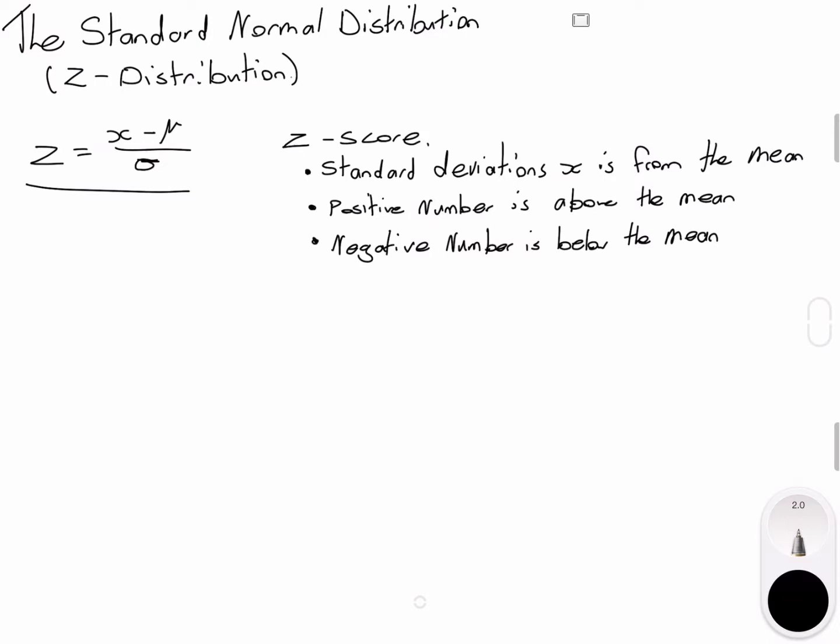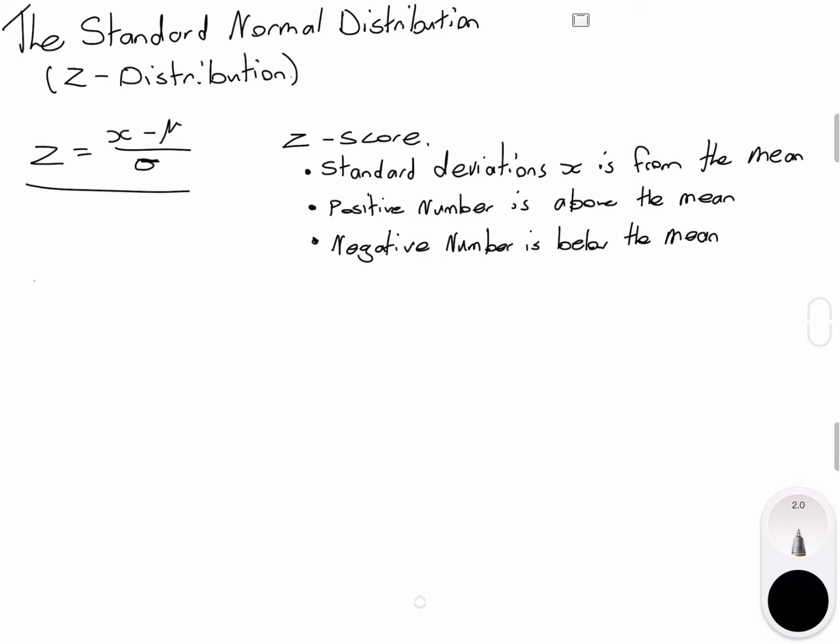So this standard normal distribution, or Z distribution, as we've got here, has a mean of 0 and a standard deviation of 1.